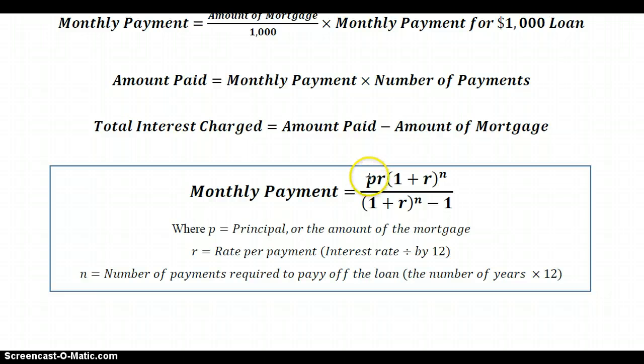We have P, or principal, times R, which is the rate per payment, found by taking your interest rate divided by 12, times 1 plus R to the power of N, and N is the number of payments required to pay off the loan, the number of years times 12. Then we're going to divide by 1 plus R to the power of N and subtract 1.